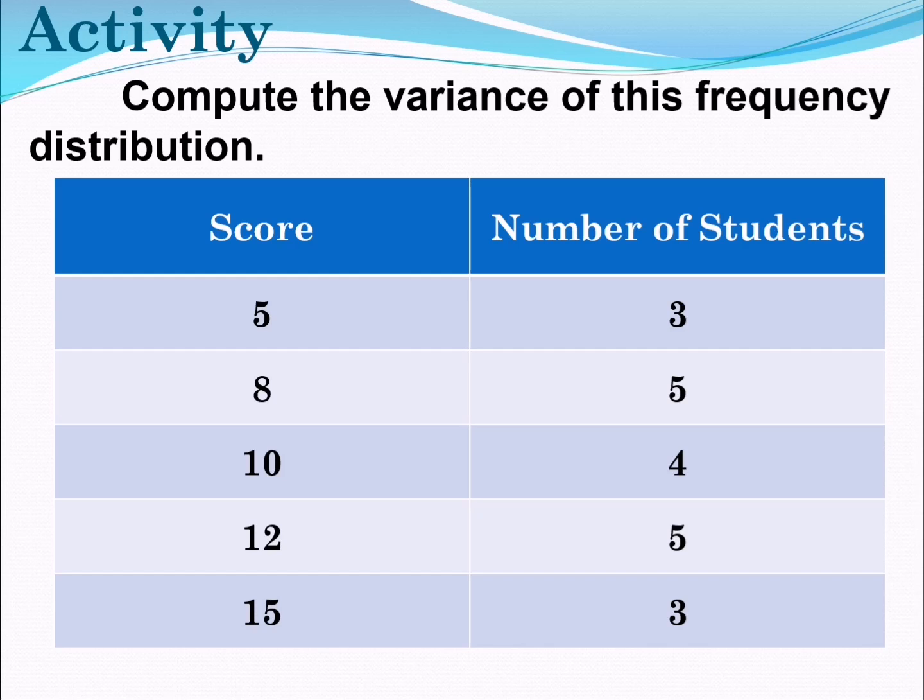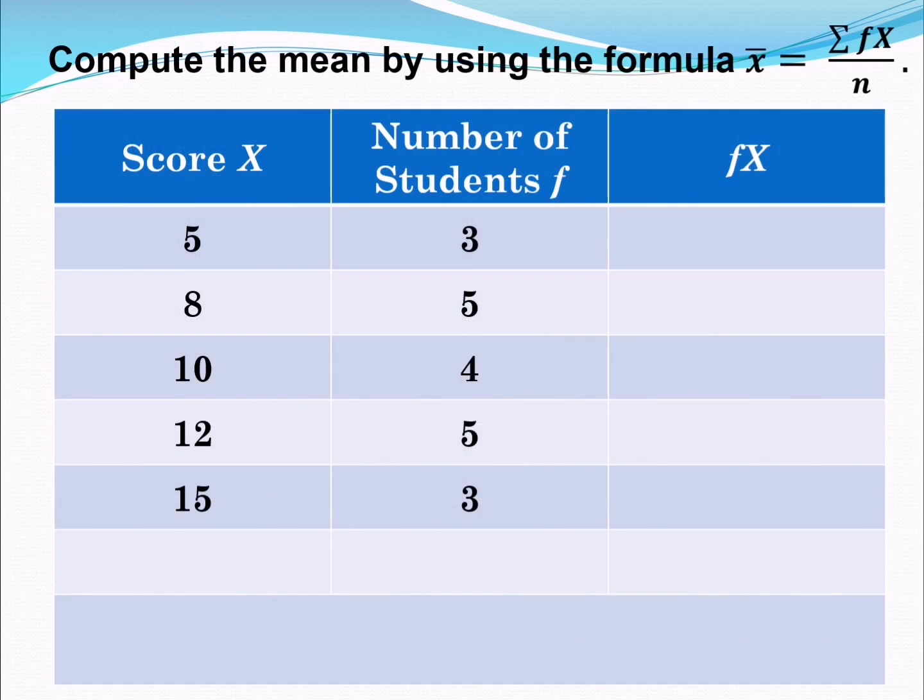Okay, so to compute the mean and the variance, we're going to multiply the x and the number of students. We have the score and the number of students who got the score. So, 3 students got 5. 5 students got 8. 4 students got 10. 5 students got 12. And 3 students got 15.